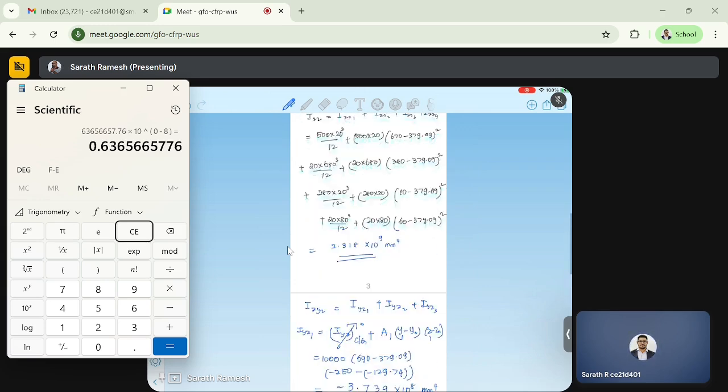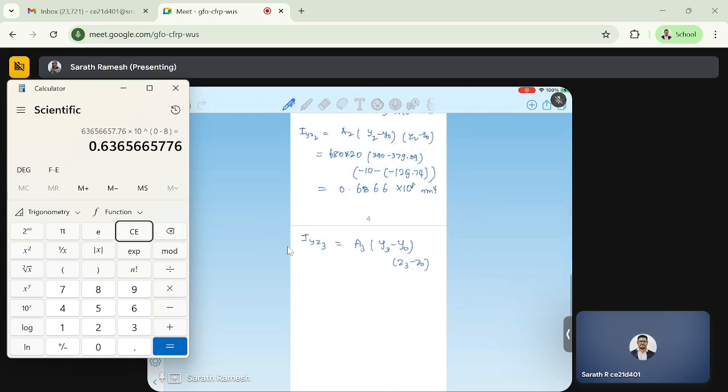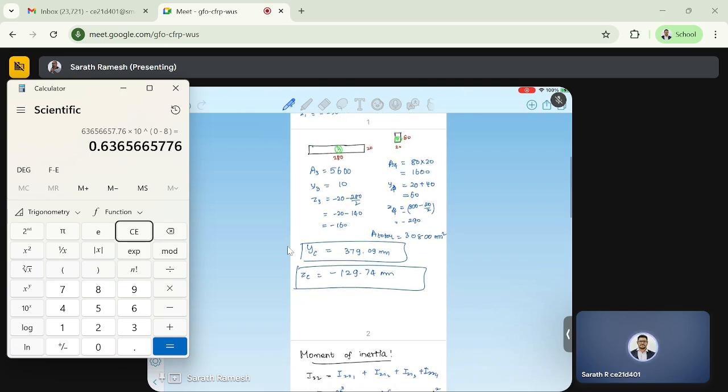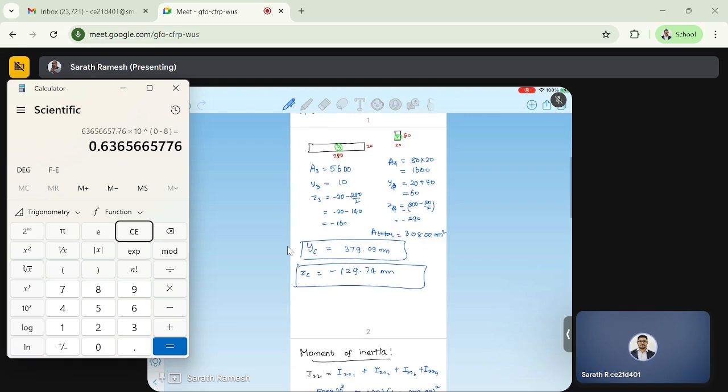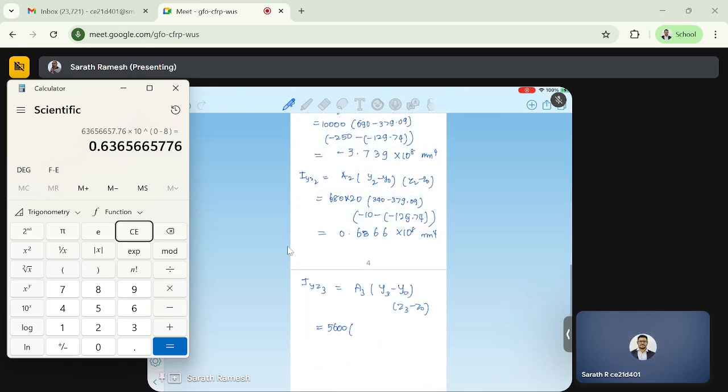A3 will be 5,600 times y3 minus y naught, which is 10 minus 379.09, that is negative 369.09.